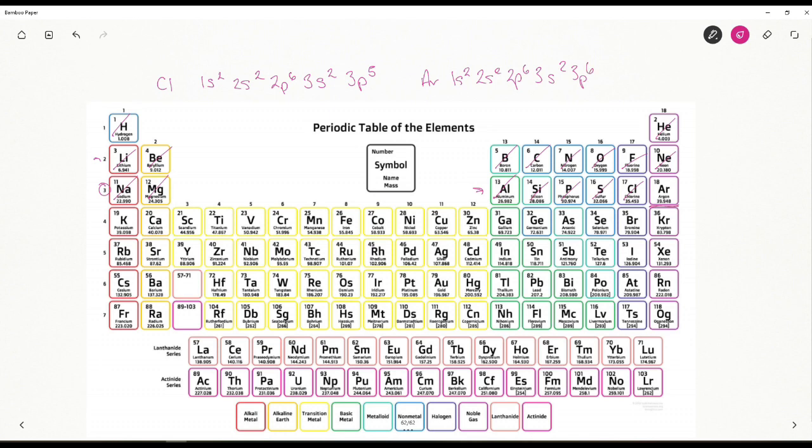So even though it's only one electron away, it is one more electron. That is the key. To do the noble gas shortcut for chlorine, we have to go back to neon. And again, I will find neon's electron configuration right here. So I can rewrite my electron configuration for chlorine using neon.